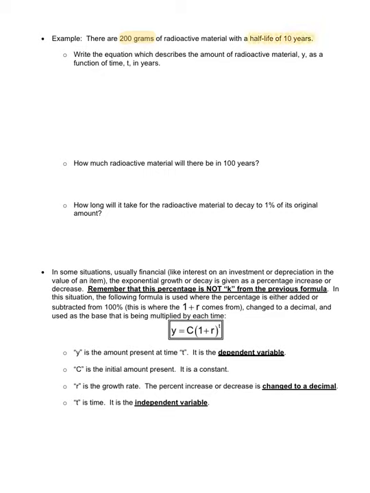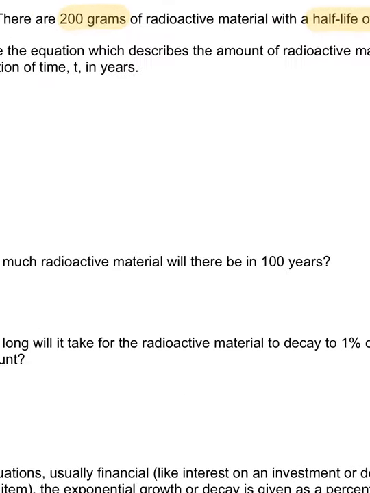So first thing I need to write an equation that's going to model this situation. So we're still going to be using the y equals c times e raised to the kt. I know that C is equal to 200 because it says I started with 200 grams of that material. The value of y is the amount that is left after a certain amount of time.